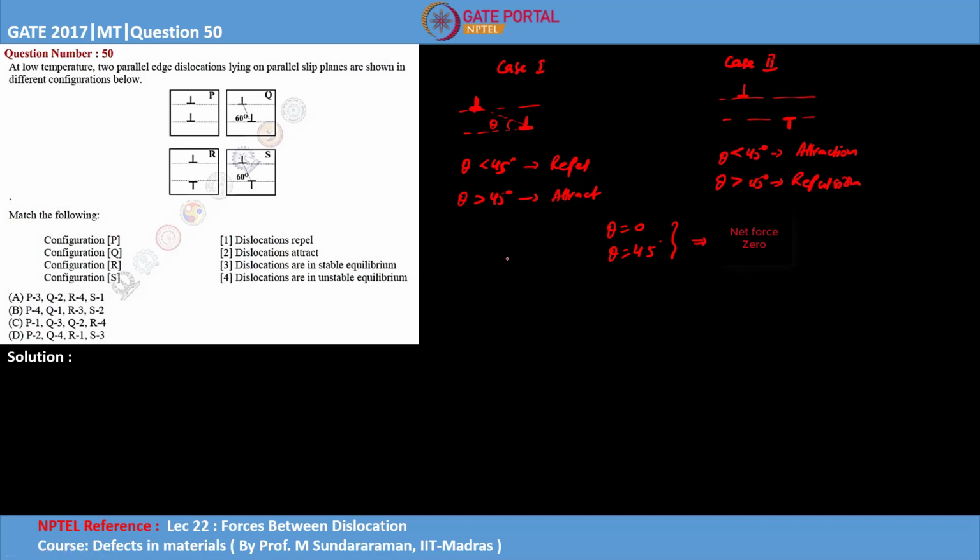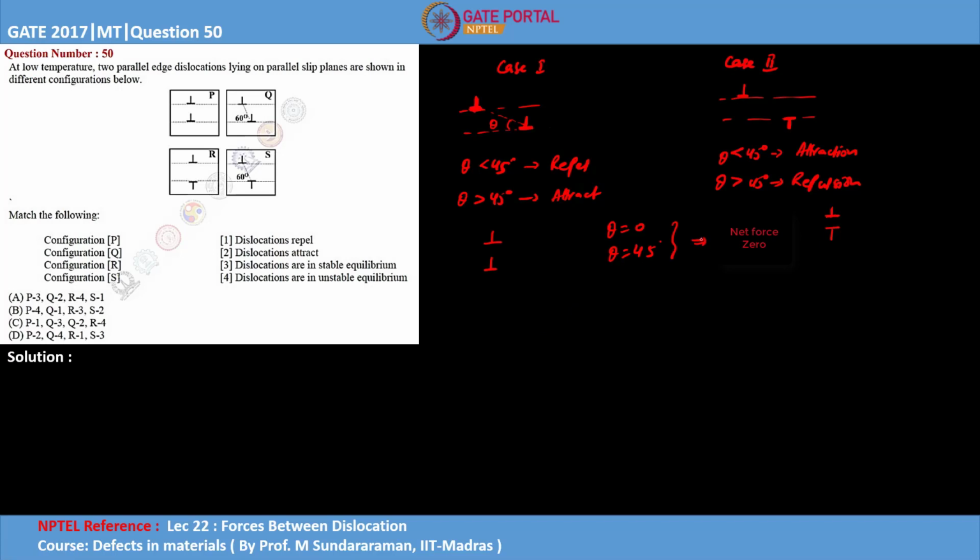Now theta equal to 0 means the dislocations are lying in this fashion in this case, and in this fashion for this case. If they are at this position, then the case of equilibrium will be there.